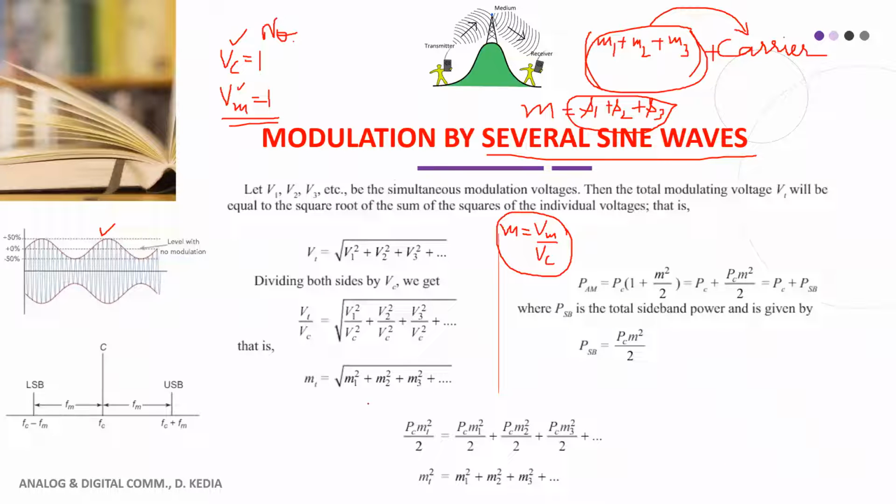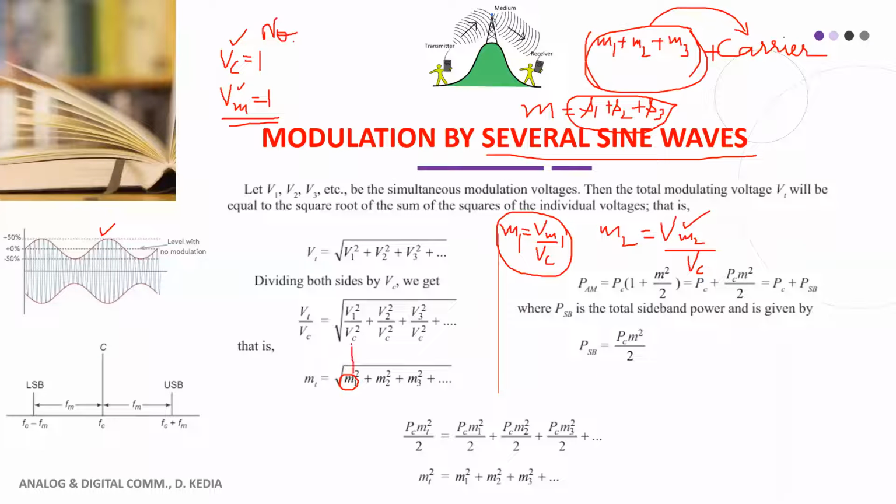For sine wave 1, my modulation index will be M1, which is Vm1 by Vc. And M2 will be Vm2 by Vc. What is Vm2? It is the amplitude of the second sine wave divided by the carrier amplitude, which remains the same because the carrier is one only.